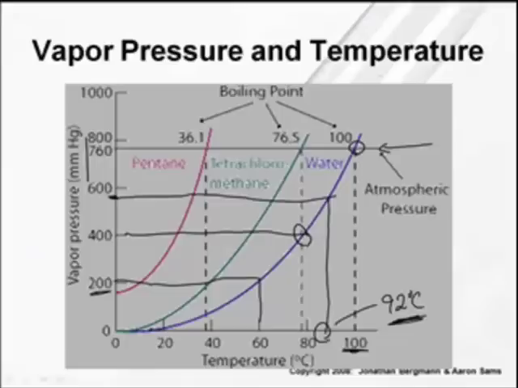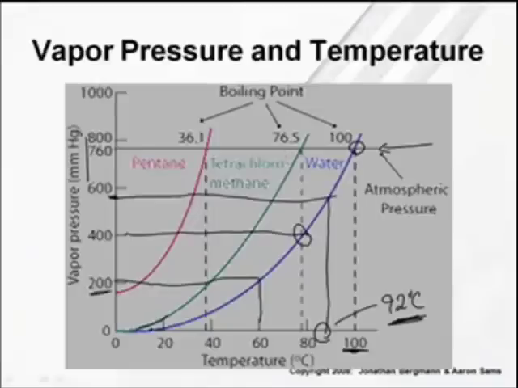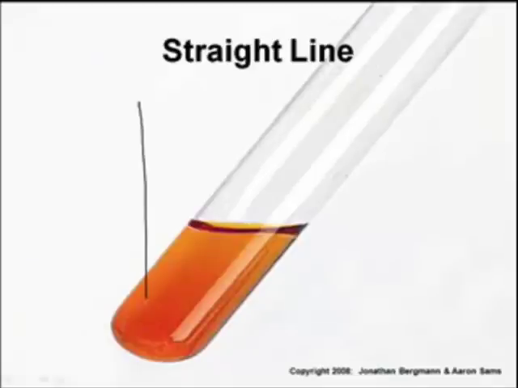Now this particular line is a curve, and guess what? It has an equation. Yes, a mathematical equation. If you plot a graph, this is the graph of vapor pressure versus temperature. If you wanted to draw a straight line, it will be the natural log of the vapor pressure versus 1 over the Kelvin temperature.